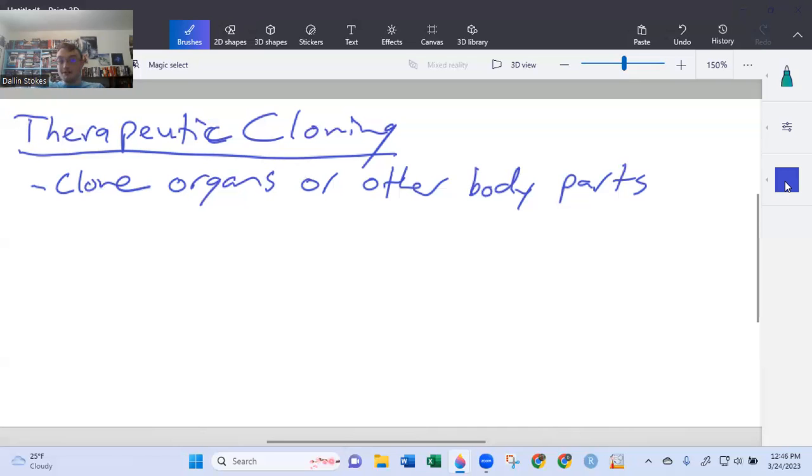And so it would grow into a muscle. And then you could take a cell from that and grow it into more muscle, and then you could turn it into ground beef.